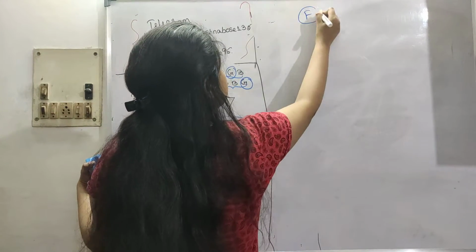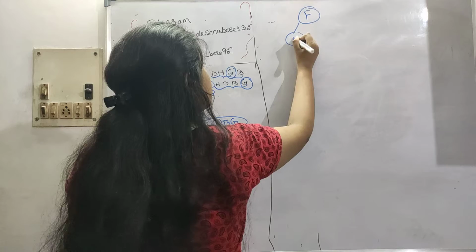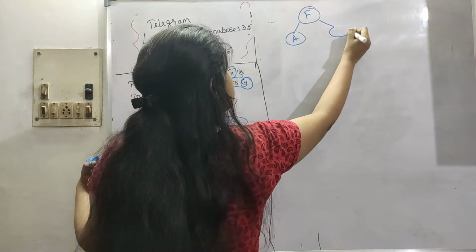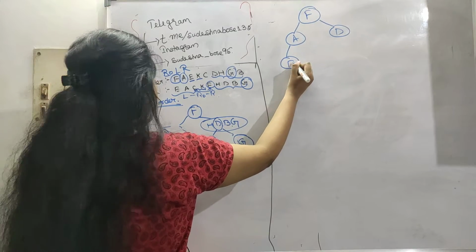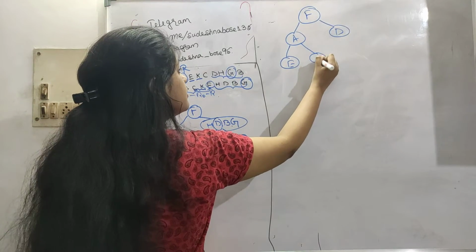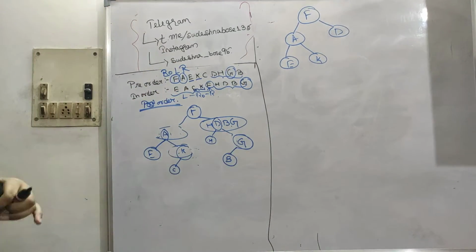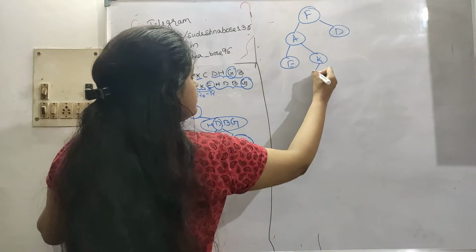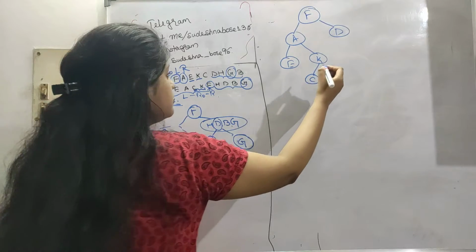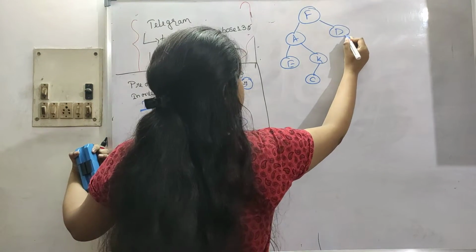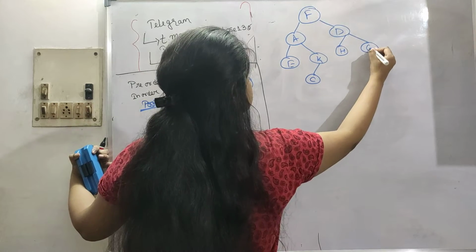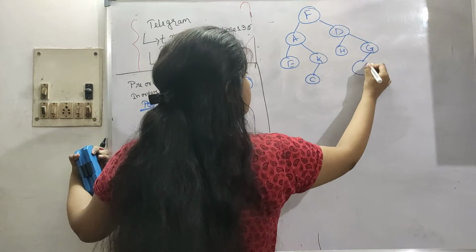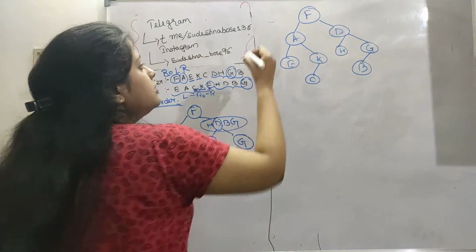Let me write here: F, A, D, E, K, then C, then H, G, then B. So this is our tree.